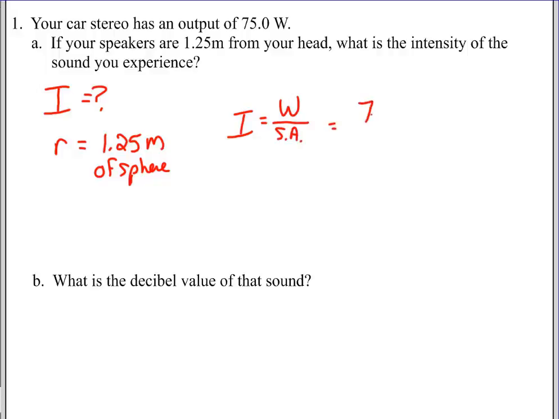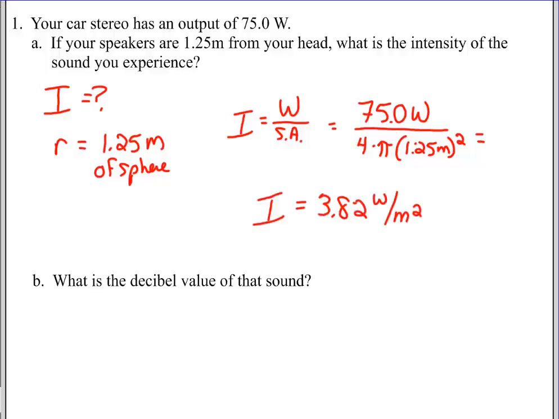So I have 75 watts, and my surface area is the area of a sphere, so it's 4 times pi times the radius squared. You should pause this, take a few minutes, figure it out, and then when you have it figured out, start it back up and we'll take a look at the answer.